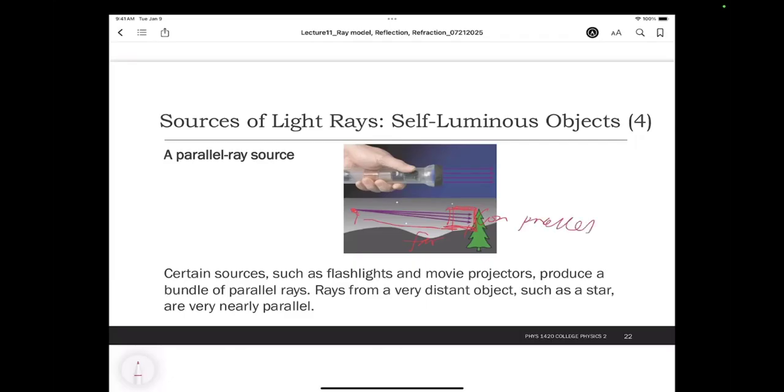So we consider it a parallel ray source, and a torch can also emit a parallel ray source. Those are the four different self-luminous objects which can emit light.